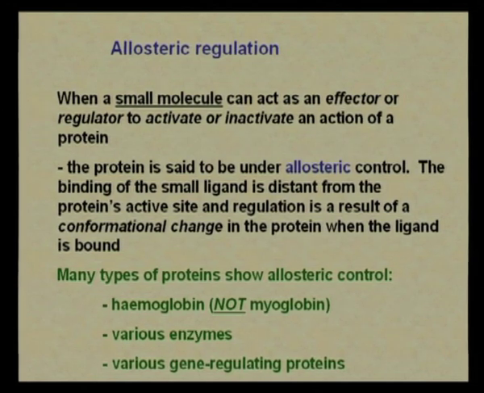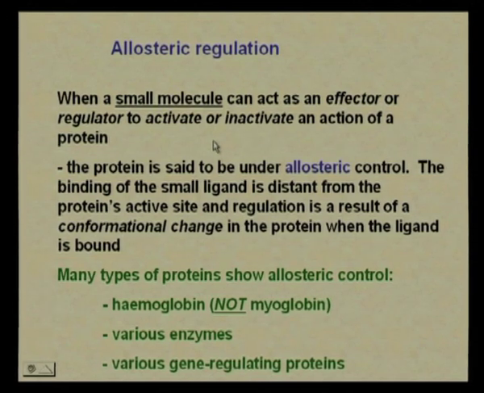Now, what happens is we have these small molecules or small inhibitors or effectors or substrates act on the enzyme. What they essentially do is this small molecule that you have can actually act as an effector or a regulator to activate or inactivate an action of a protein.